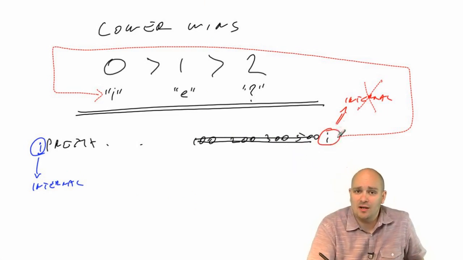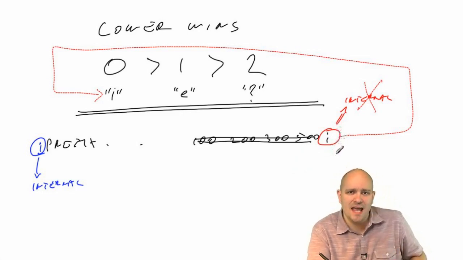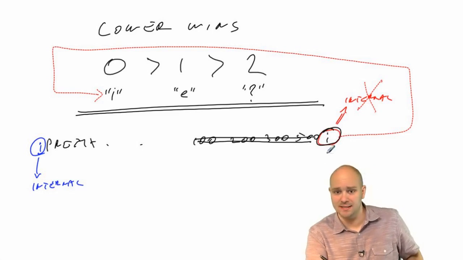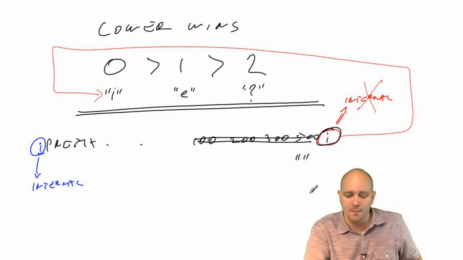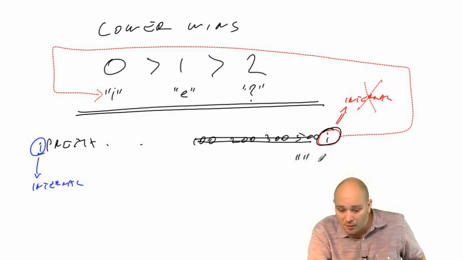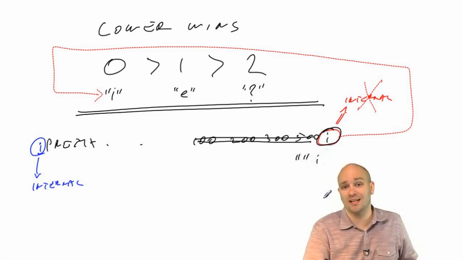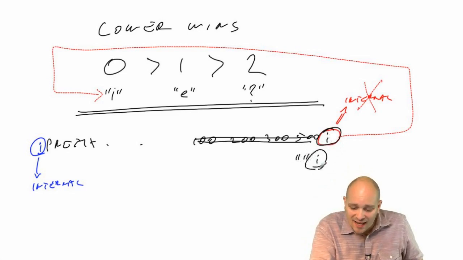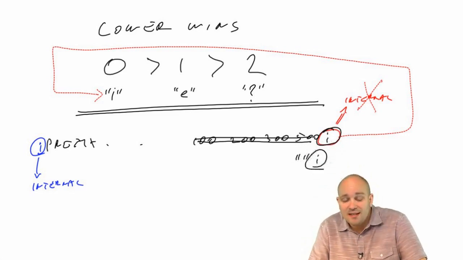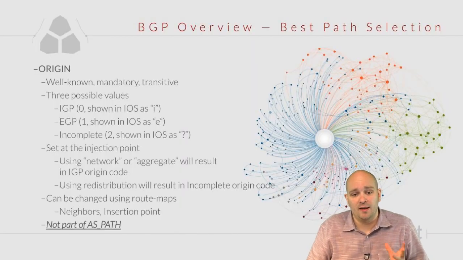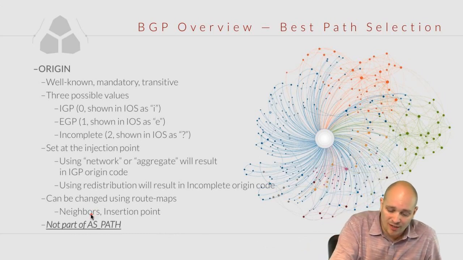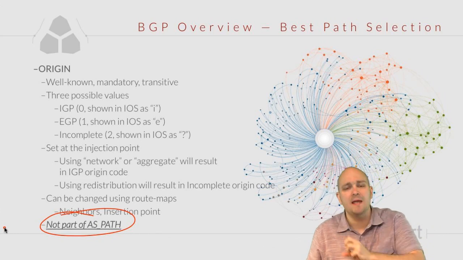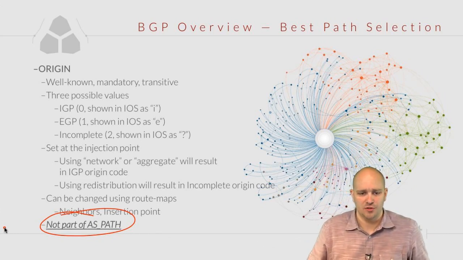And answering the question, what is the AS path for this route? Students answer, oh, it's I. No, it isn't. It's simply an empty string, and in the display, the origin code is shown after the AS path. So this I here is not part of the AS path. It is going to be shown after the AS path, but it may not be immediately obvious.